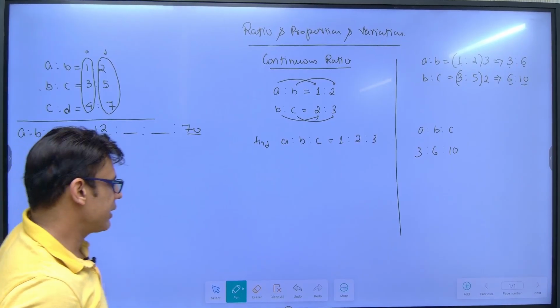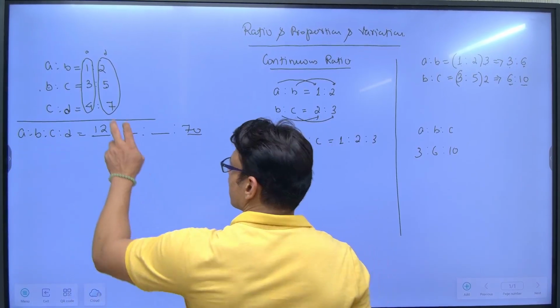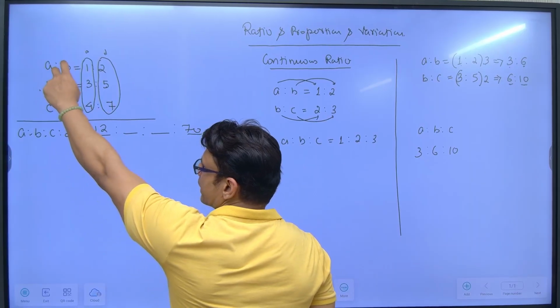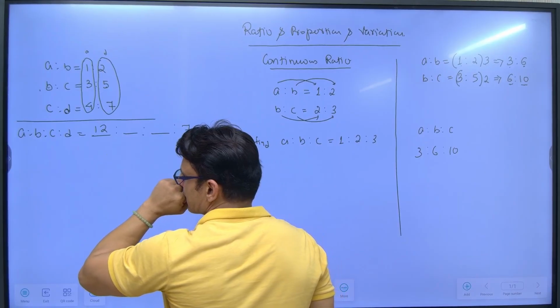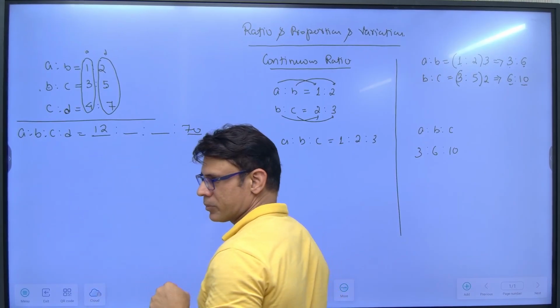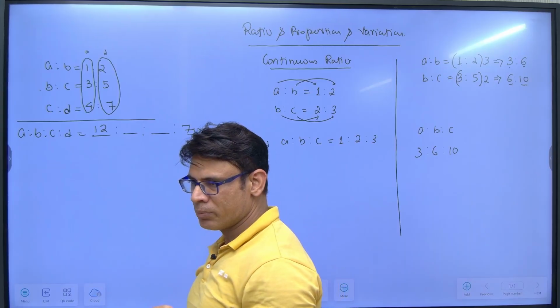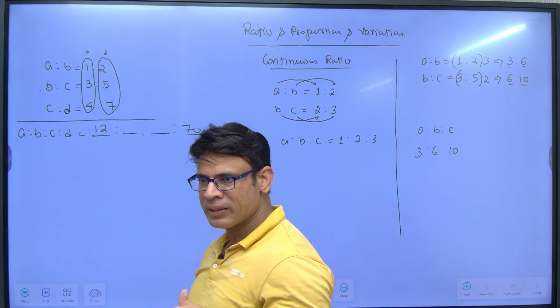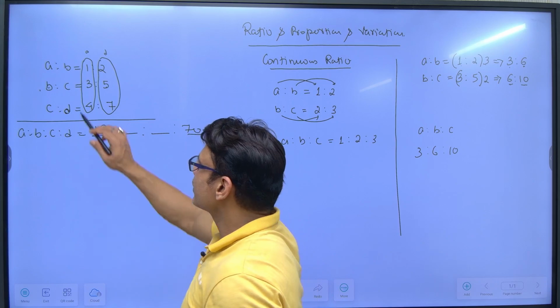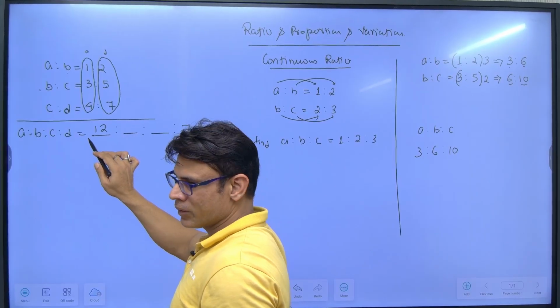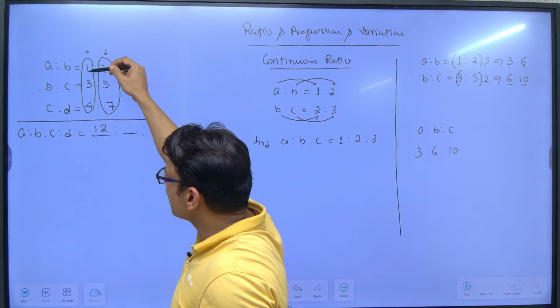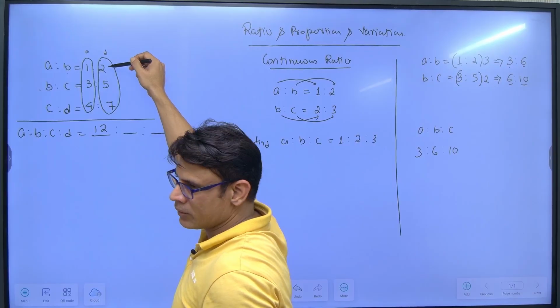Logically, if I think, I'll still get the answer. Look at the first ratio. It says that when A is 1, B is how much? 2. But A is how much? 12. So B has to be double of that, because if A is 1, B is 2. On the ratio scale, A is 1, then B is 2.